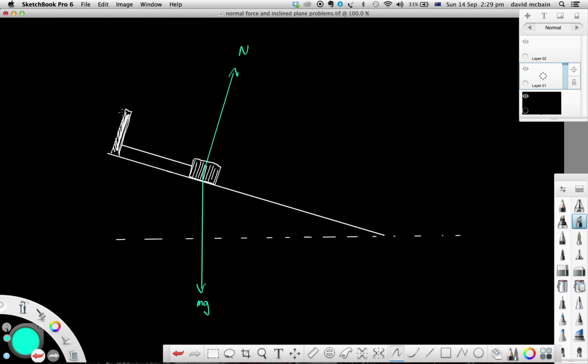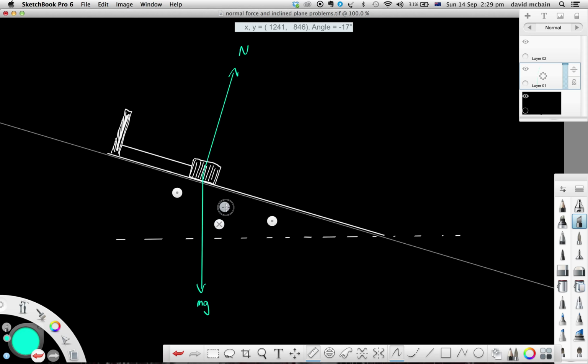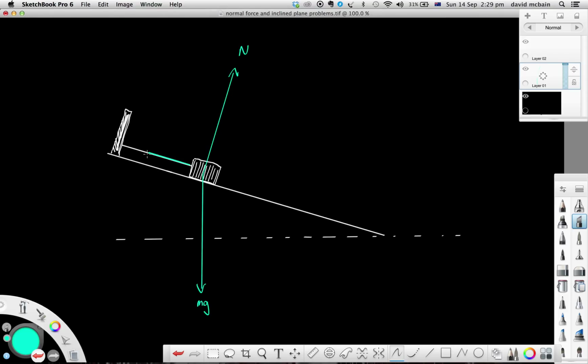Now there's a third force here, isn't there? The third force is the tension. This rope is pulling on this person in this direction. So we can draw that in as well as a force. As a matter of fact, there's going to be a force there, which we'll call T for tension, and that's pulling up this way.